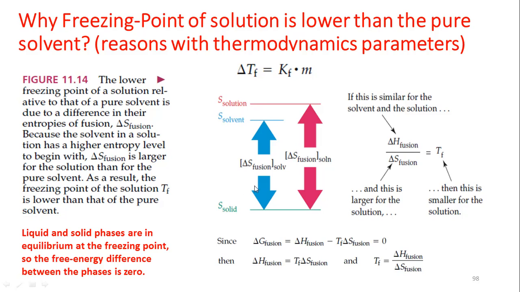Now, what would be the change in entropy, or entropy of fusion, for the solvent? This is the solvent from solid to liquid. Actually, here we are discussing the freezing point. You may think about the reverse: the solid solvent is frozen into ice or solid, or the solution is frozen into ice or solid.